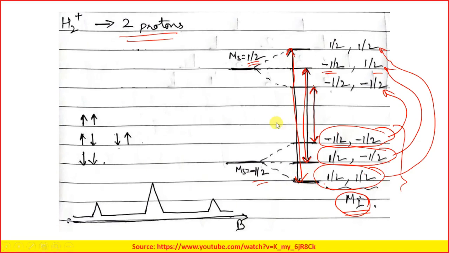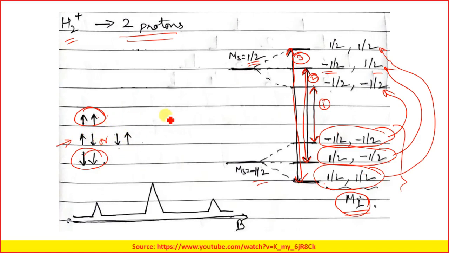Now, what should be the peak? So let's see. We have identified that there will be 3 peaks. Now what should be the ratio? The first one is the high energy state. In the high energy state, we are having 2 protons, both of them in the same direction. In the low energy state, we are having them in the other direction, and the possibility in the middle level is high-low or low-high.